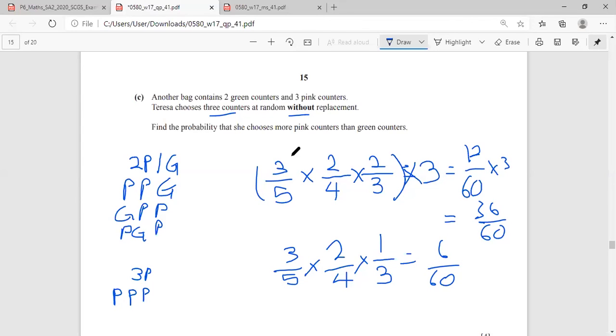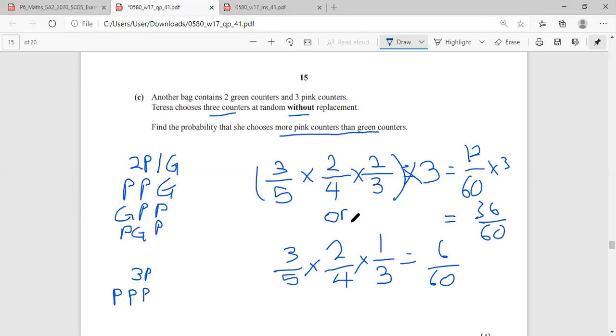So there are 2 possibilities. There are 2 conditions. It can be 2 pink and 1 green, or it can be all 3 pink. It's a condition of or. This condition or this condition. Both conditions fit this criteria, more pink than green.